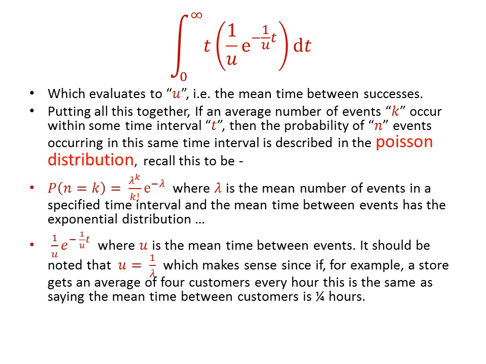It's very important that you note that u and lambda are reciprocals of each other, which makes sense if you take, for example, that a store gets an average of 4 customers every hour. This is the same as saying that the mean time between customers is 1/4 hours.